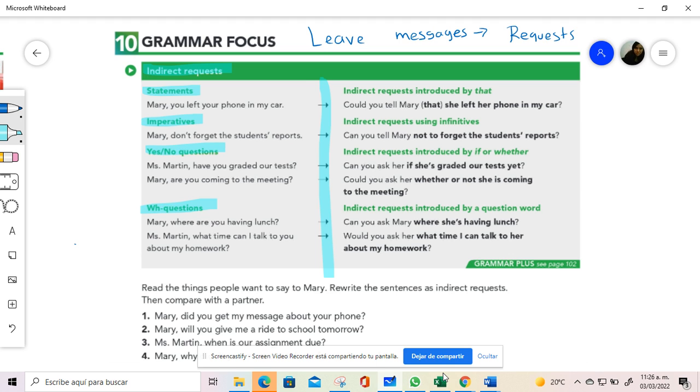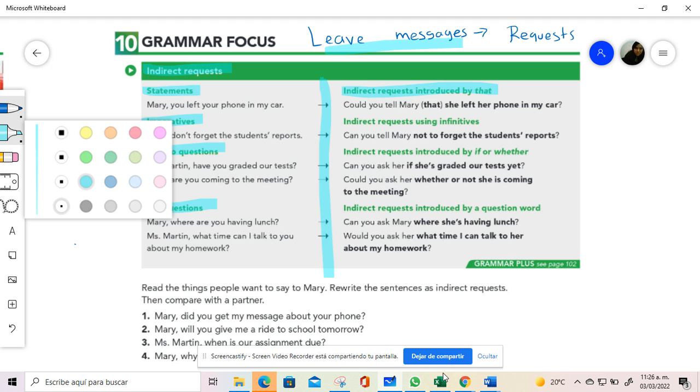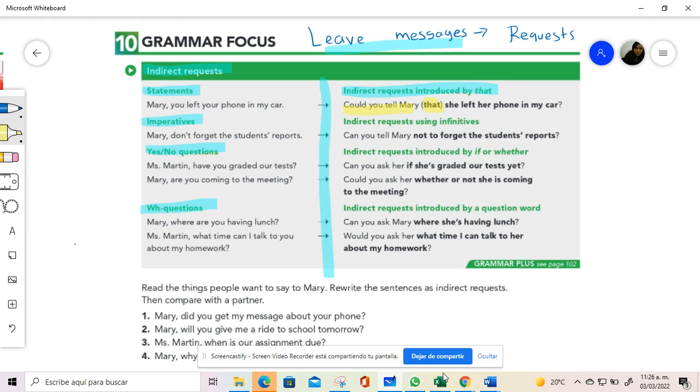When we request in the indirect mode, because we want to leave messages, in the first case, we only introduce the request by using that. And this expression, could you tell Mary that, is in parentheses because it can be optional.